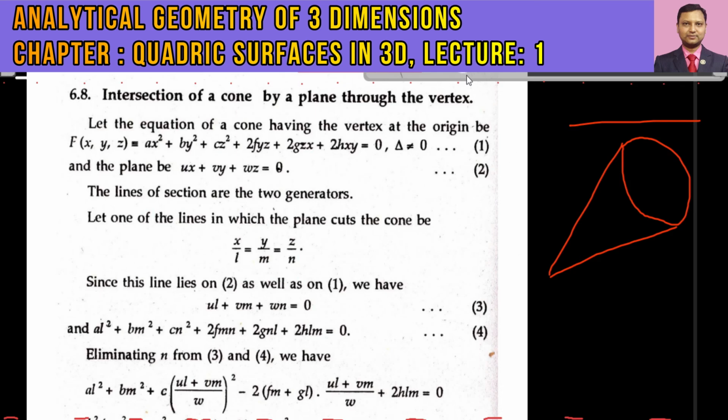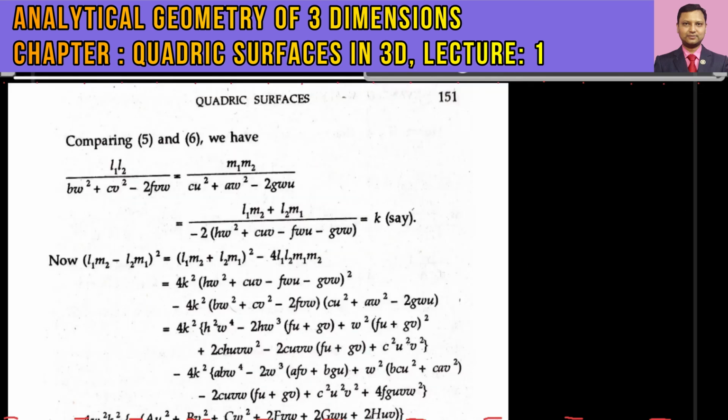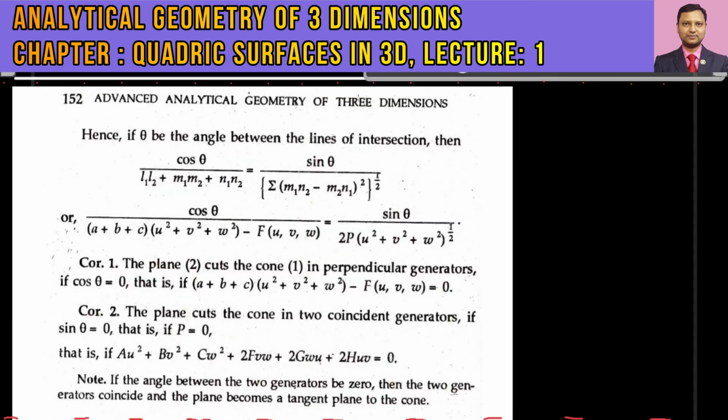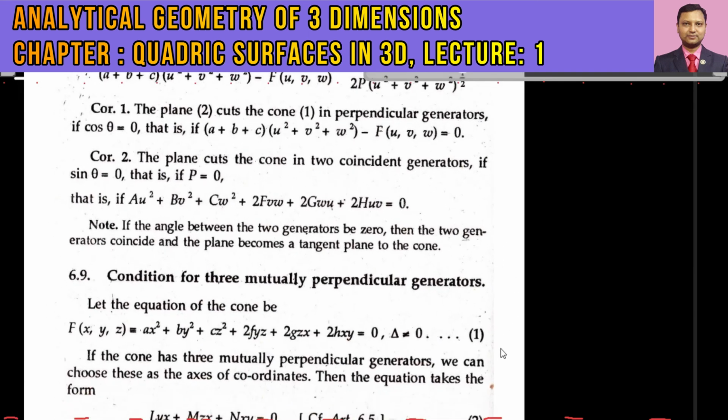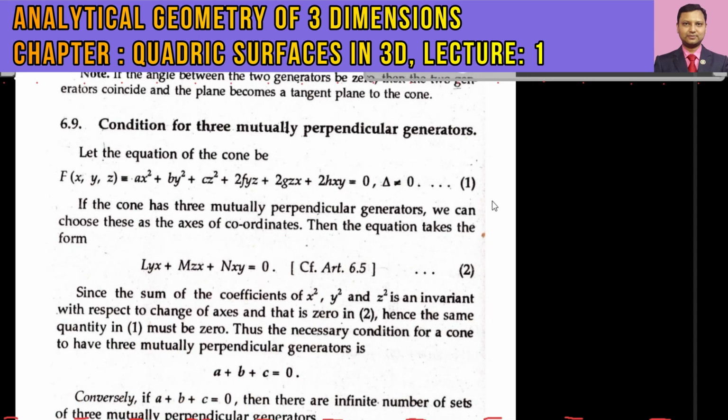So these are the results regarding the intersection of a plane passing through the vertex and a cone.